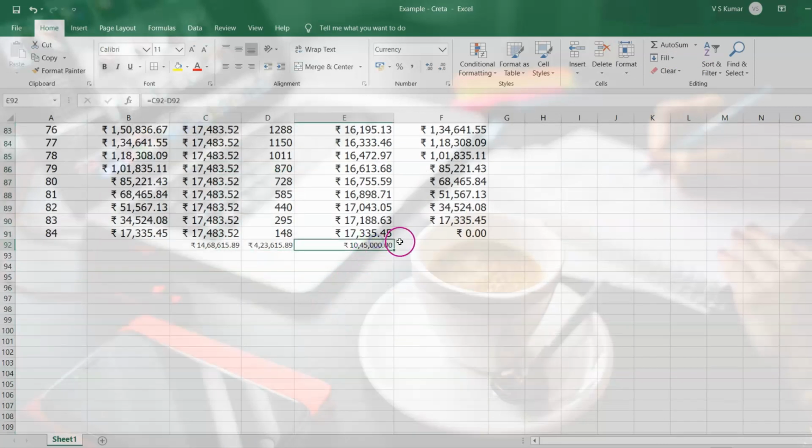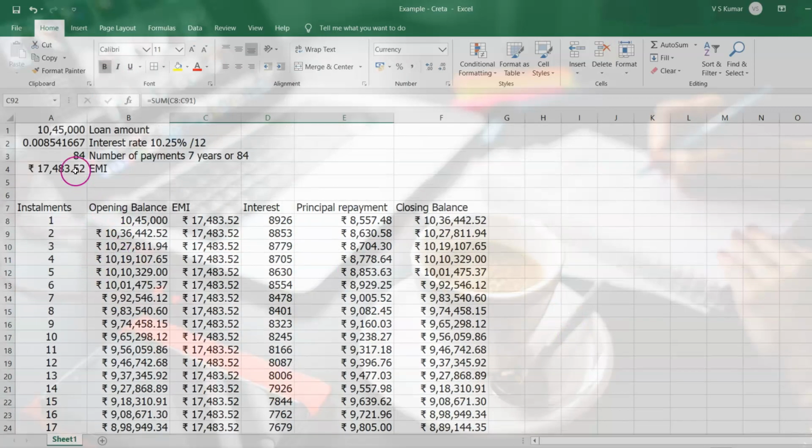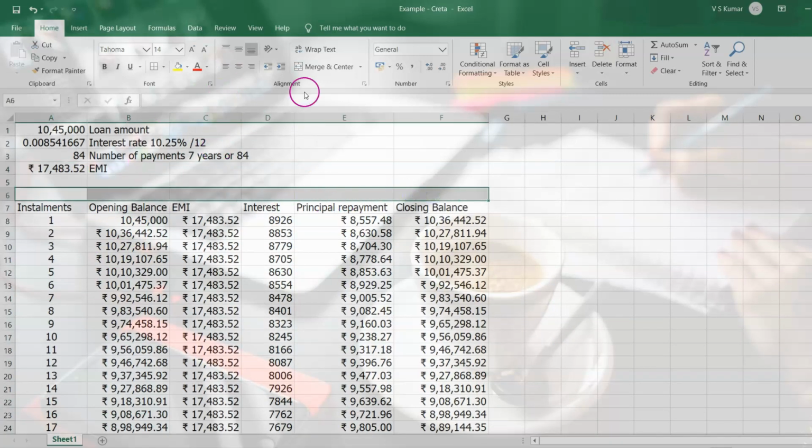The difference is your total interest. Hope you are able to understand the calculation of EMI through the PMT function and the preparation of the loan amortization schedule.